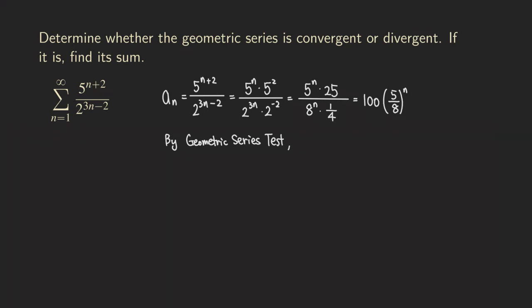What it says is that if you take the absolute value of the common ratio r, and in this case it's 5 over 8, and that's equal to just 5 over 8 when you take the absolute value of a positive number. It's the same number, and that's less than 1, right? So because it's less than 1, then we can actually say that the series is convergent.